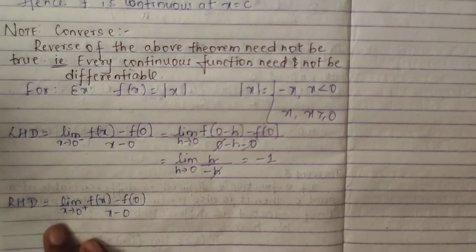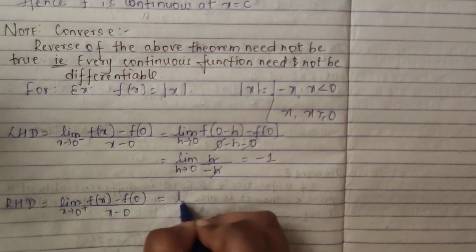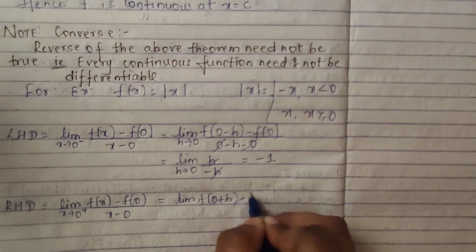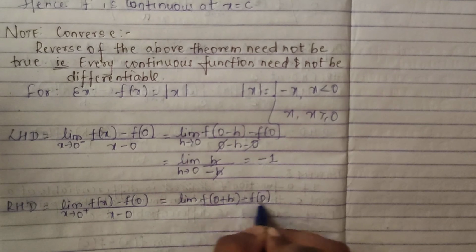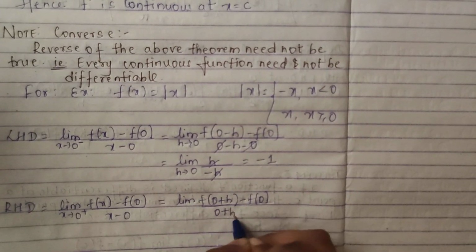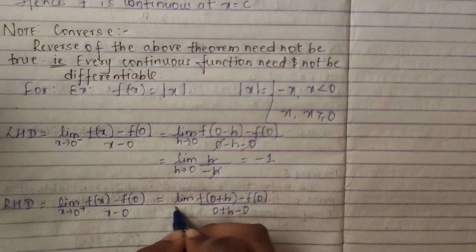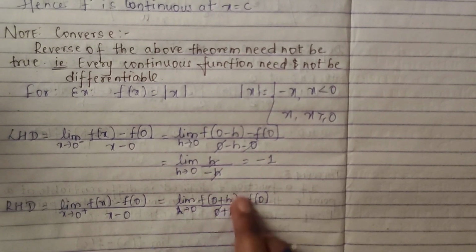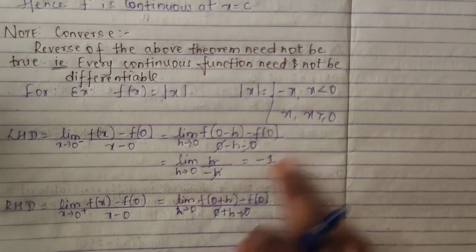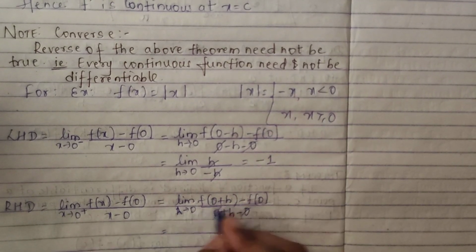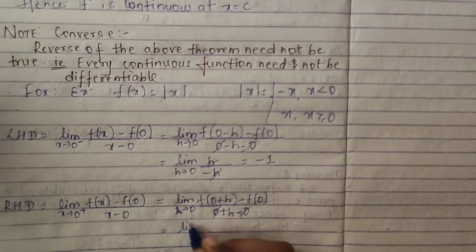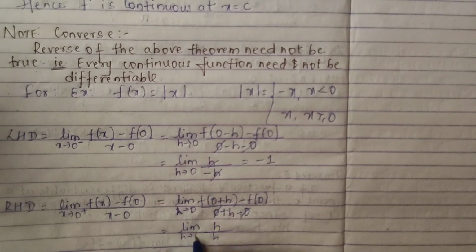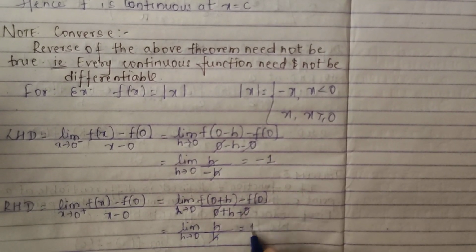This will be equal to limit of f of 0 plus h minus f of 0 whole divided by 0 plus h minus 0, as h tends to 0. So this 0 gets cancelled, and f of 0 plus h, in the positive case, is x itself, so it will be h only. So the limit is h by h as h tends to 0. This gets cancelled, and you will have 1.